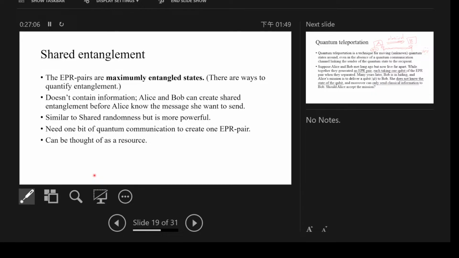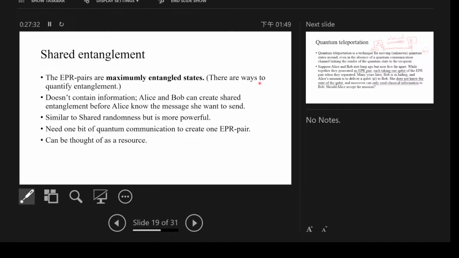Here is something I want to talk about regarding shared entanglement. The EPR pair is also called a maximally entangled state. The word maximal here means that there is some way to calculate how much entanglement you have in your state.